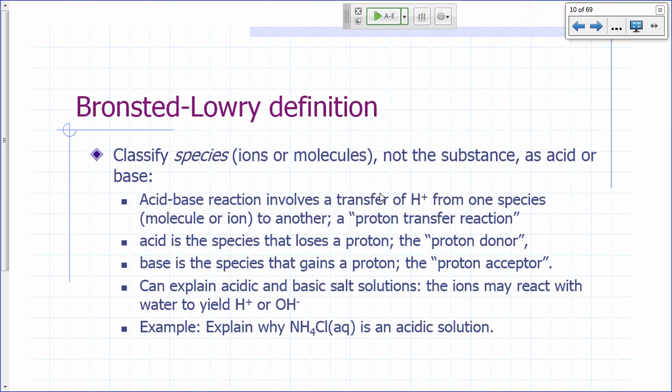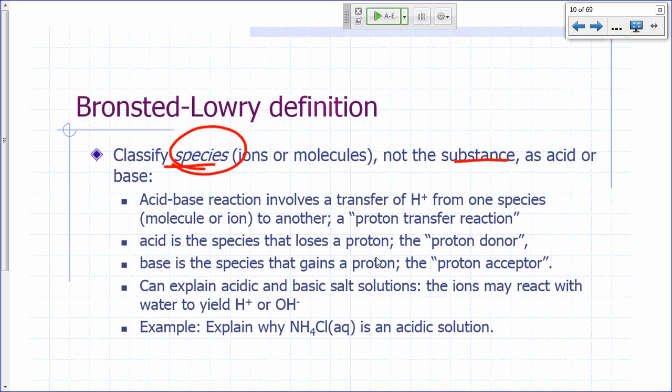So Bronsted and Lowry came up with a more general definition of acids and bases. They classified the species, the ions or the molecules, instead of just the substance. The substance is just a collection of ions or molecules, but in the Bronsted-Lowry definition, the acid and the base are the molecules or ions themselves.